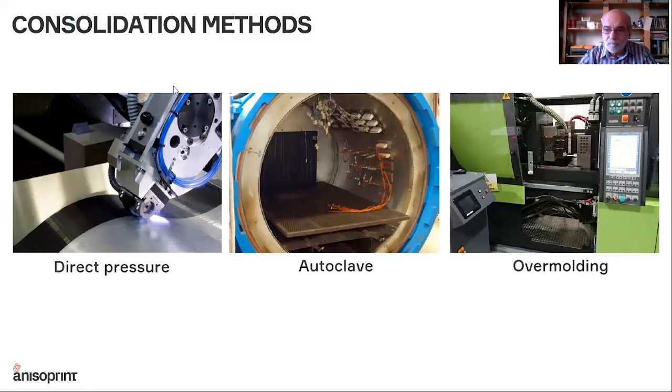But for that, you need a mold, which also limits you in terms of flexibility. And 3D printing, and that's what we believe in, is mostly about flexibility in shapes and flexibility in making changes. For overmolding, you will always need to manufacture a mold. And also extra plastic will decrease the overall fiber volume fraction.